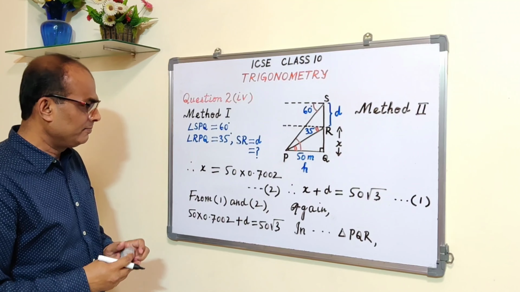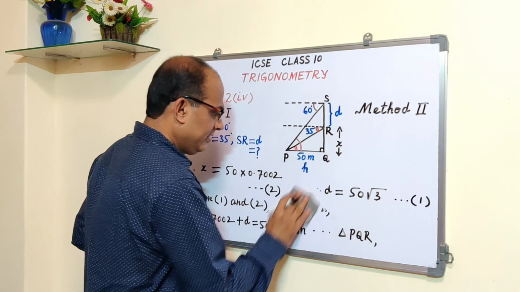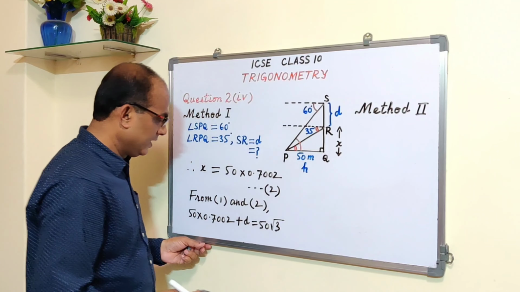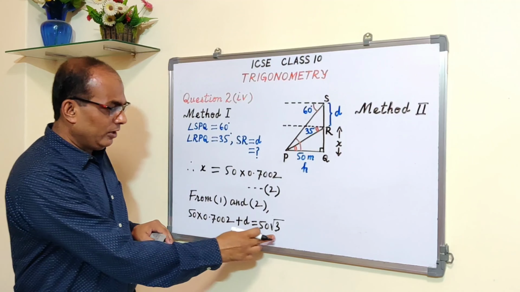Now after this we have to simplify. We'll put the value of root 3 there, though you could have put the value of root 3 earlier. It's up to you. We'll multiply also and we'll transpose from left hand side to the right hand side.